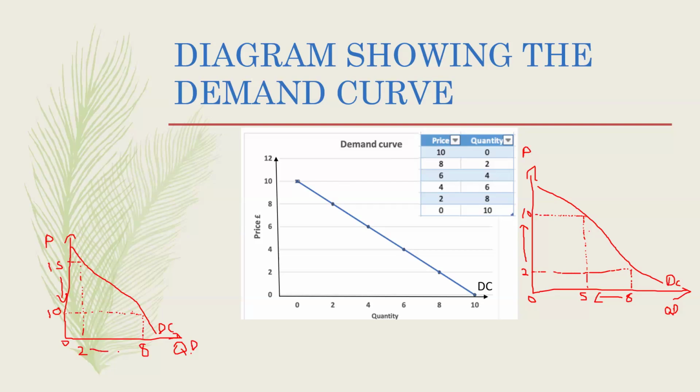Because my prices went down, my quantity demanded will also increase. As my price keeps going down, quantity demanded will increase. You guys, this is what we call the price factor.